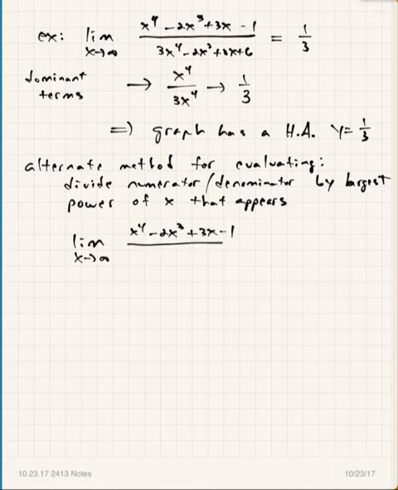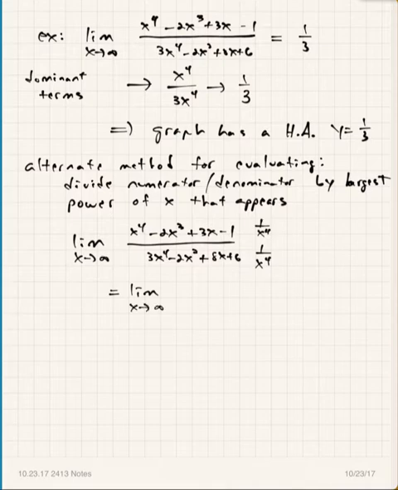And so what you're doing here with this alternate technique for evaluating a limit like this is you're multiplying top and bottom by 1 over x to the fourth. In other words, you're dividing every term by x to the fourth here. And so this is just the distributive property, and like I said, you're dividing every term by x to the fourth. And so what happens is you get the limit as x goes to infinity, and then divide every term by x to the fourth.